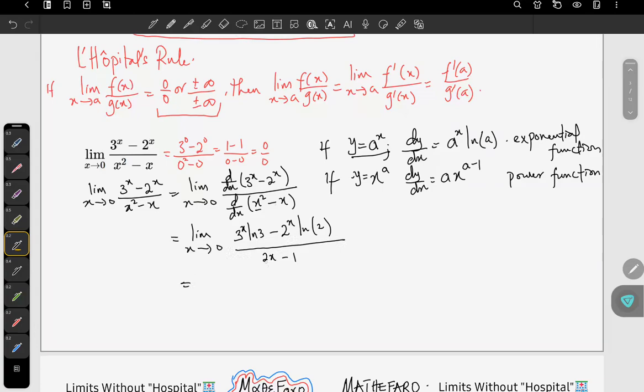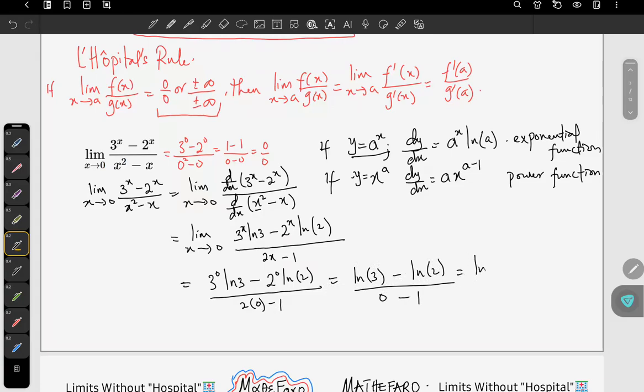Now, let us plug in 0. So that will be 3 raised to power 0 natural log of 3 minus 2 raised to power 0 natural log of 2 all over 2 times 0 minus 1. And this is equal to 1 times natural log of 3 minus 1 times natural log of 2 over 0 minus 1.